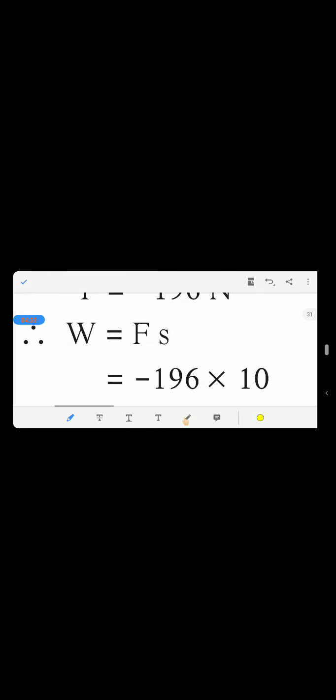Now this is not what they have asked in the example. What they have asked is to calculate the work done to take an object. So now finally we have the two values to find out the work. That is W equal to F into S. Work is equal to force into displacement. Put the values.